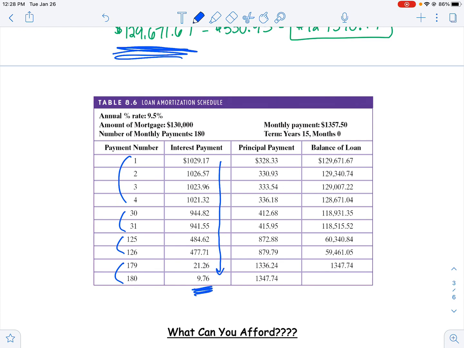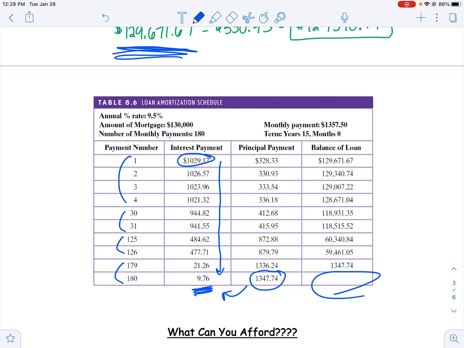So at the end, your last payment, you only give your bank $9 in interest, right? That feels a lot better than $1,029 at the beginning. And then you can see as your payments go through at the end of those 15 years that more of your payment goes toward the principal than it does interest. So in the end, you end up paying off your home after those 15 years.